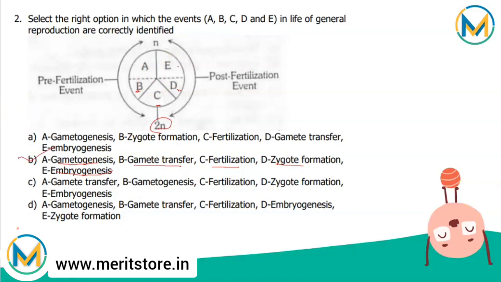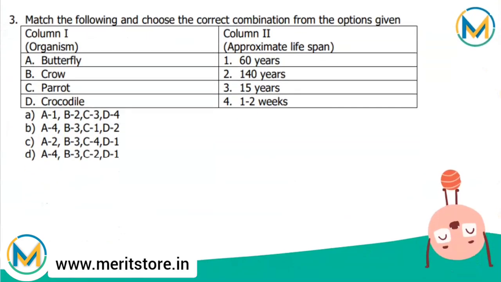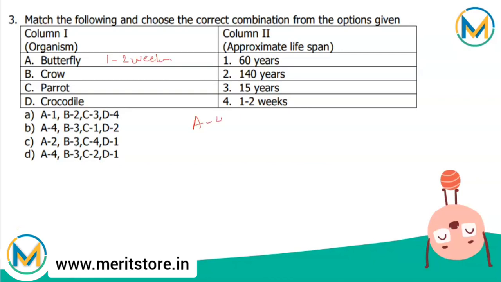Looking towards the next question, match the following and choose the correct combination from the options given. Column 1, butterfly. Basically the lifespan of an organism is the period from birth to the natural death of the individual. Now if I talk about the butterfly, they live around 1 to 2 weeks only, that is, we have A with 4.